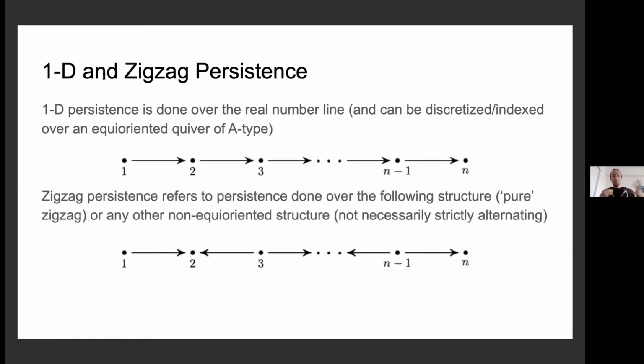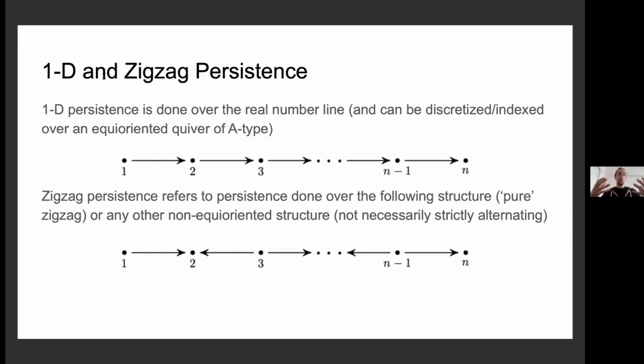Okay, so what are we looking at? You've got persistence. Most people's first exposure to persistence is one-dimensional. You have some filtration of objects that get more and more complicated.